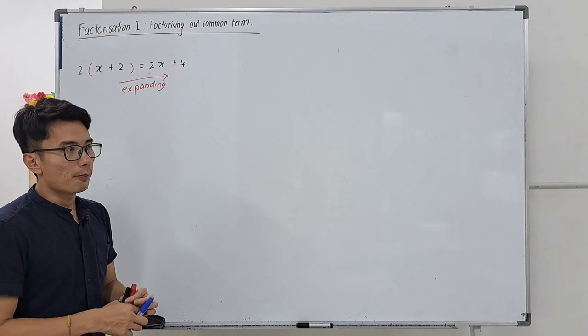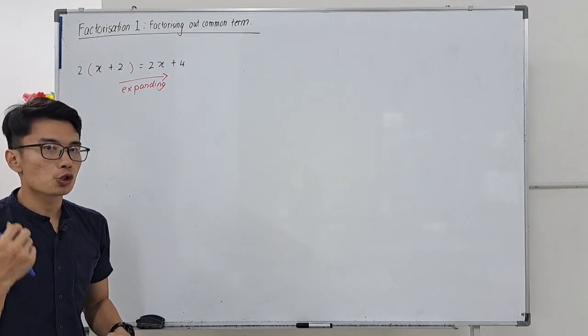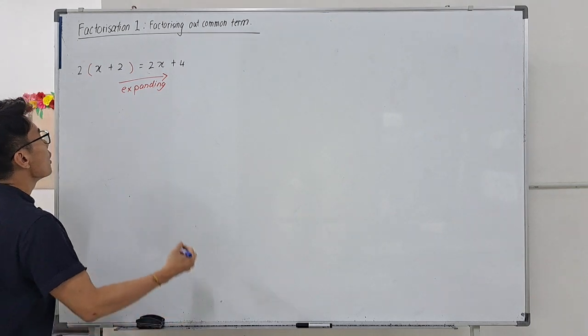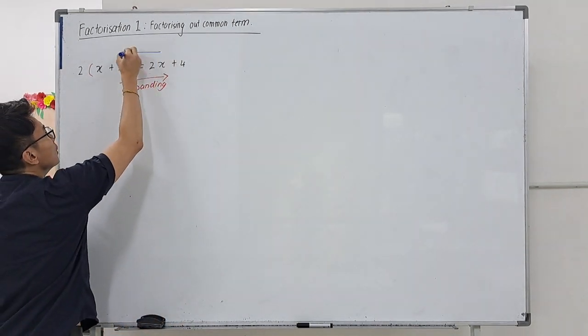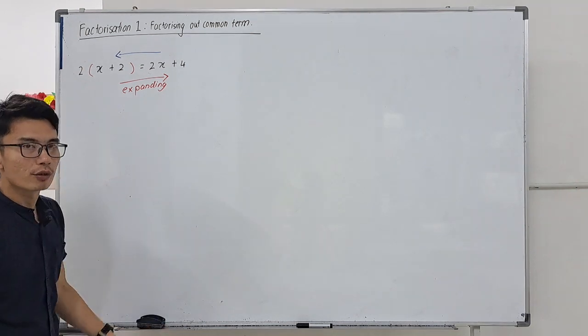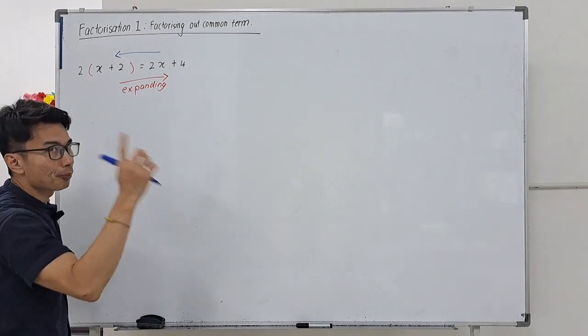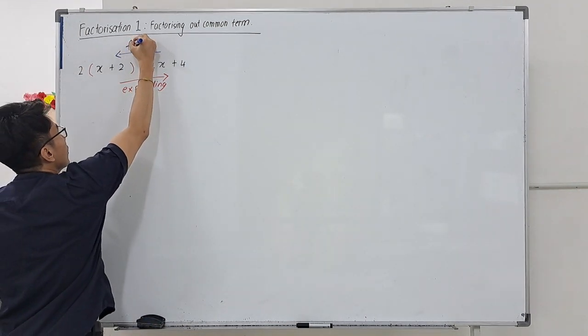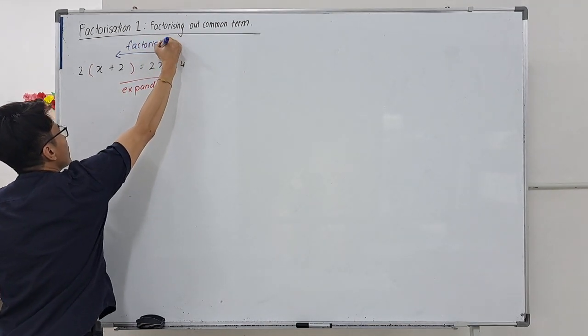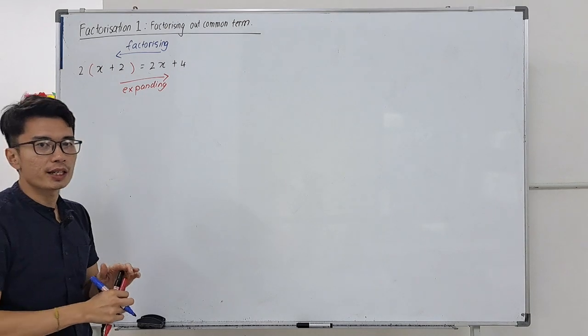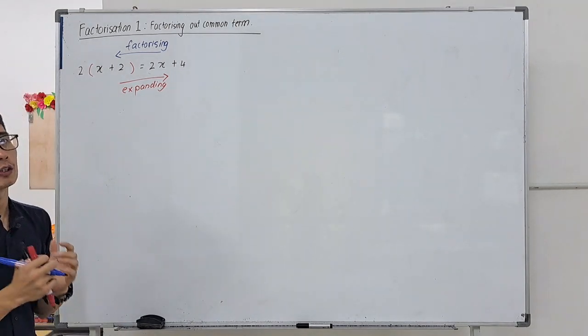So, having said that, the opposite should be true as well, right? If I were to reverse the process, that process is factorizing. If I were to reverse a process, that process is called factorizing.